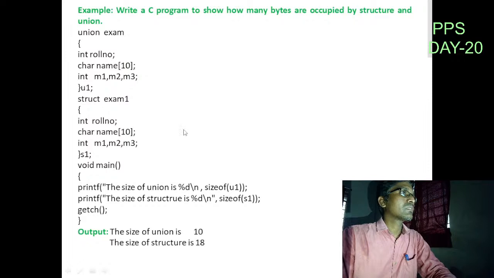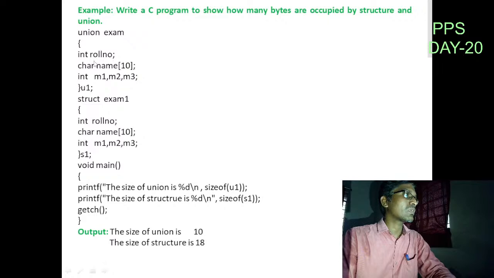So this is an example of how many bytes the structure is going to occupy and how many bytes the union is going to occupy. Here I am going to declare the union. The union is exam with roll number, name and mid marks, and the union variable is u1, and the structure is exam1 followed by roll number, name and m1, m2, m3, and the structure variable is s1.